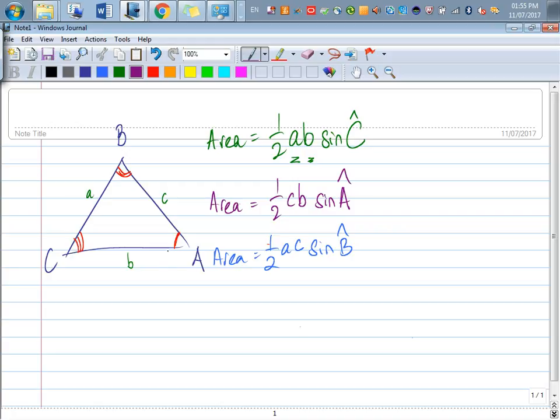You must know which angle to use, which sides to use. And of course, the last one in light blue, we have half times small a times small c times sine angle b. Okay, these three will give you the same answer. Because it is the same triangle, of course it will have the same area.